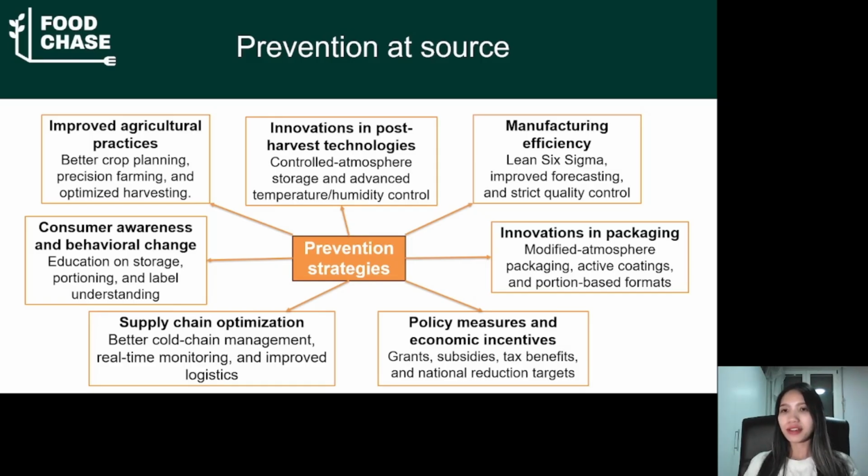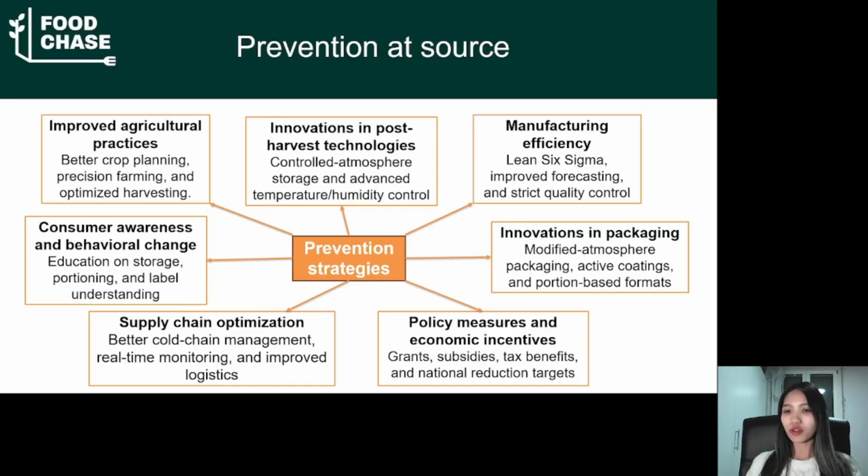Manufacturing efficiency can be achieved through the tools like Lean Six Sigma, improved forecasting, and strict quality control. The use of innovative packaging like modified atmosphere packaging, active coating, and portion-based format can help the food waste prevention.